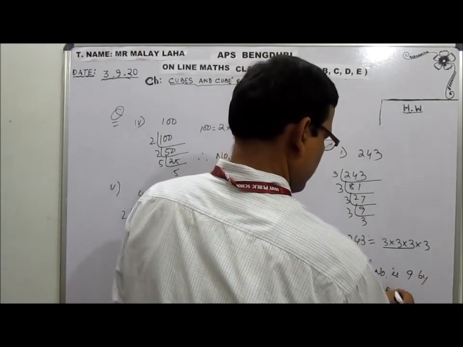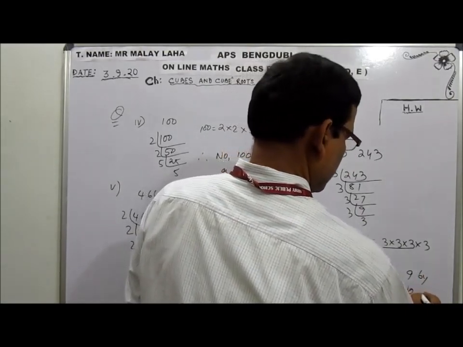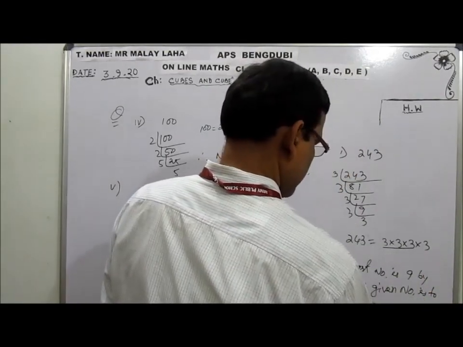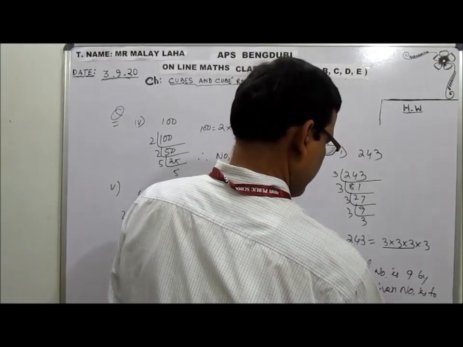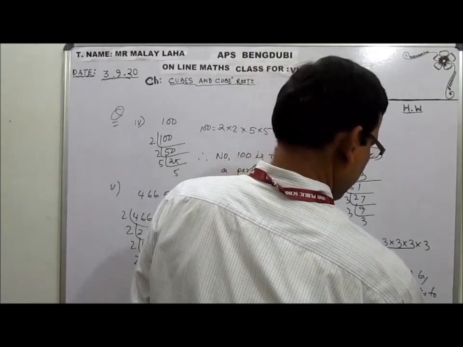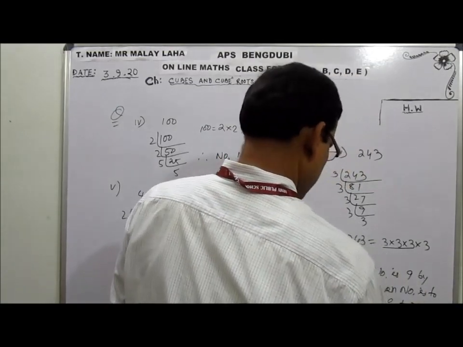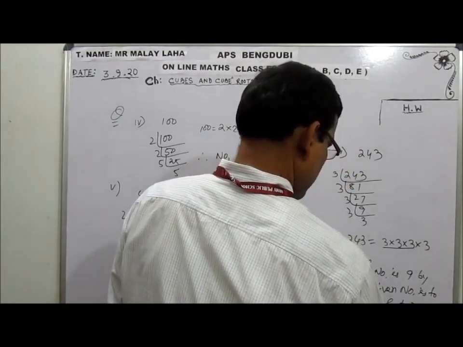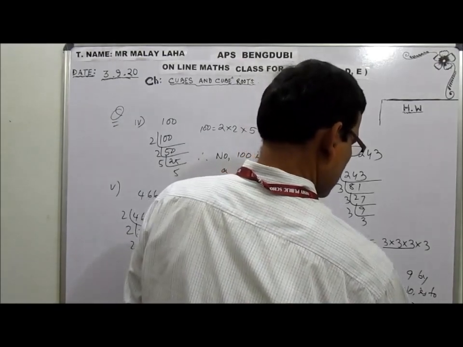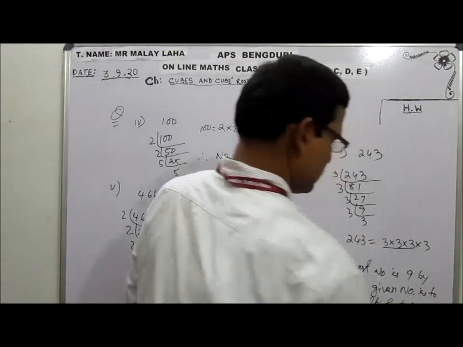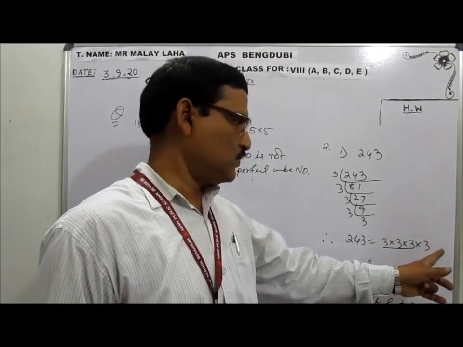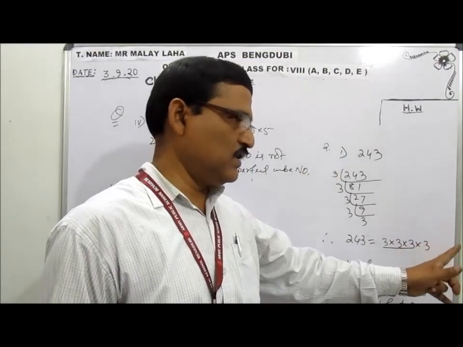By which the given number is to be multiplied to make it a perfect cube number. This you have to write down. So I need 2 more 3s. So 2 more 3s means 3 times 3, that is 9.